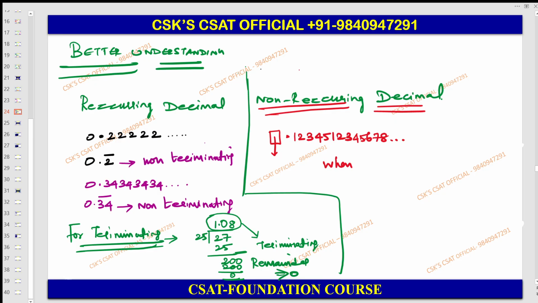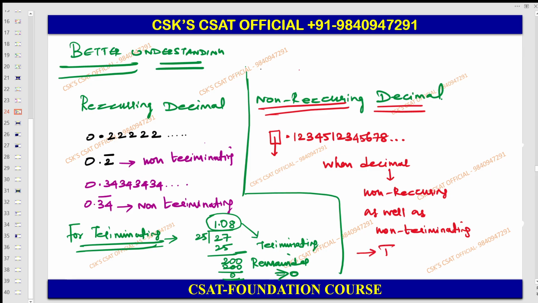When a decimal is non-recurring as well as non-terminating, then you can call that an irrational number.